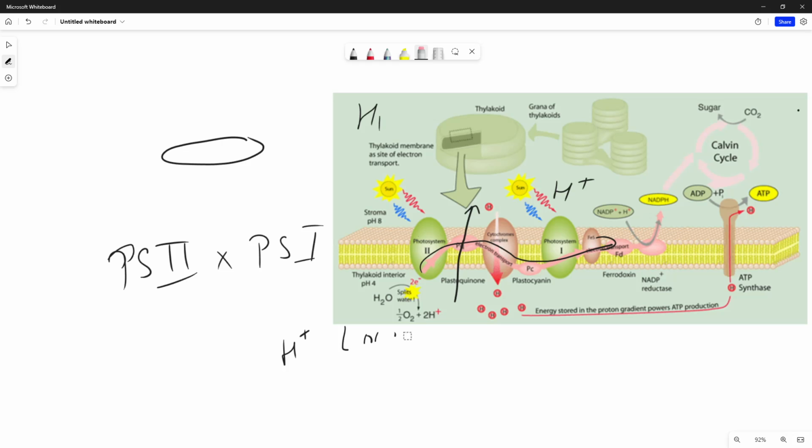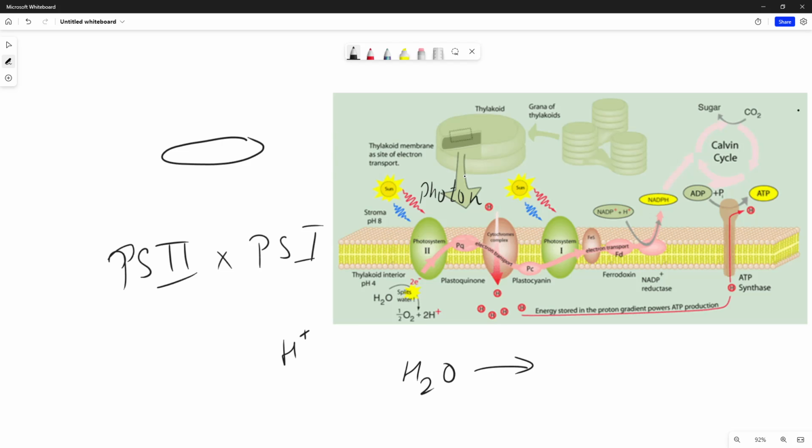Now to get the clutter out of the way, because we already have enough: the light, which is basically a photon, the elementary particle of light, excites an electron, and you may think where this electron comes from. Well, it comes from the splitting of water. Water splits into one oxygen, two protons and two electrons.